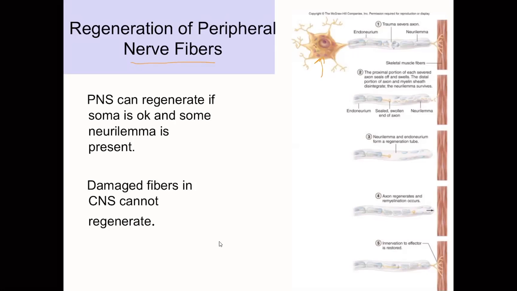Here it goes step by step how they can regenerate. If there's trauma in the middle but there's some of the neurolemma left, it can get sealed off and then it can regenerate. If the central nervous system is damaged, it can't regenerate. So that's why we don't want brain damage, we don't want spinal cord damage.